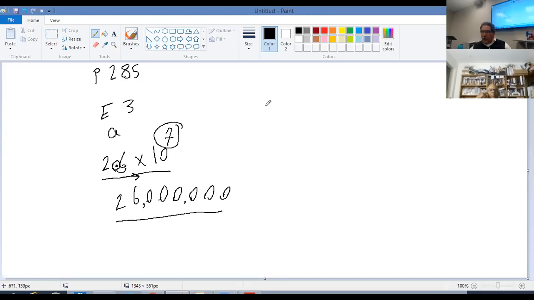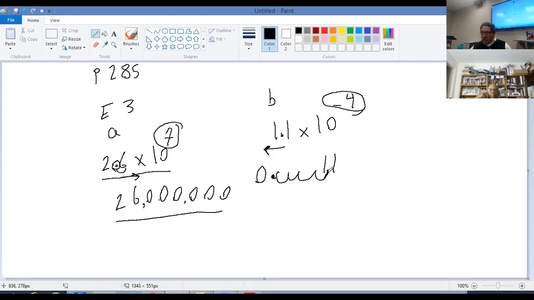Now, example B of the same page, if I have 1.1 times 10 to the power of minus 4. The exponent is negative. This is a decimal point, okay? So when it's negative, I move the decimal point this way. So I have 1.1, then I need to move it 4 times this way. So it moves 1, 2, 3, 4, put the decimal here, 0, and then the decimal is not there.